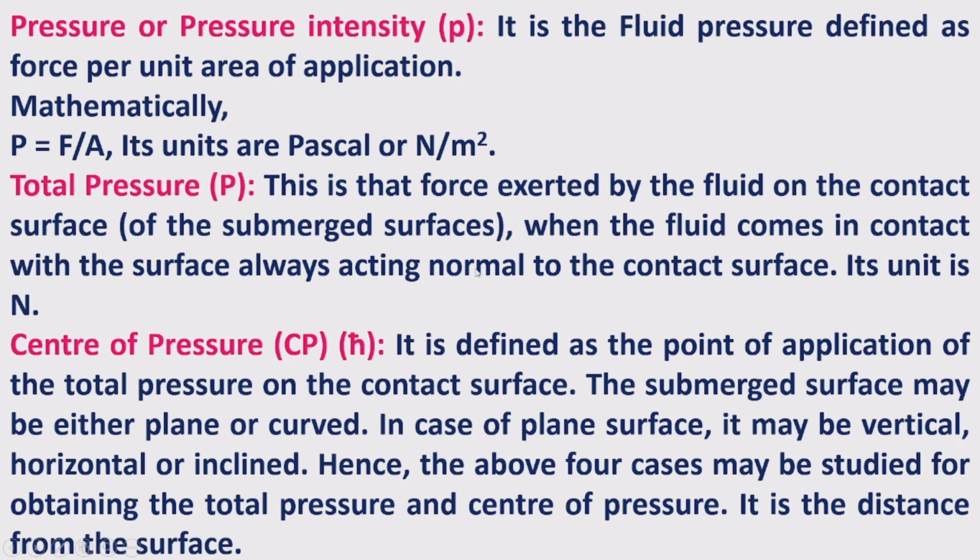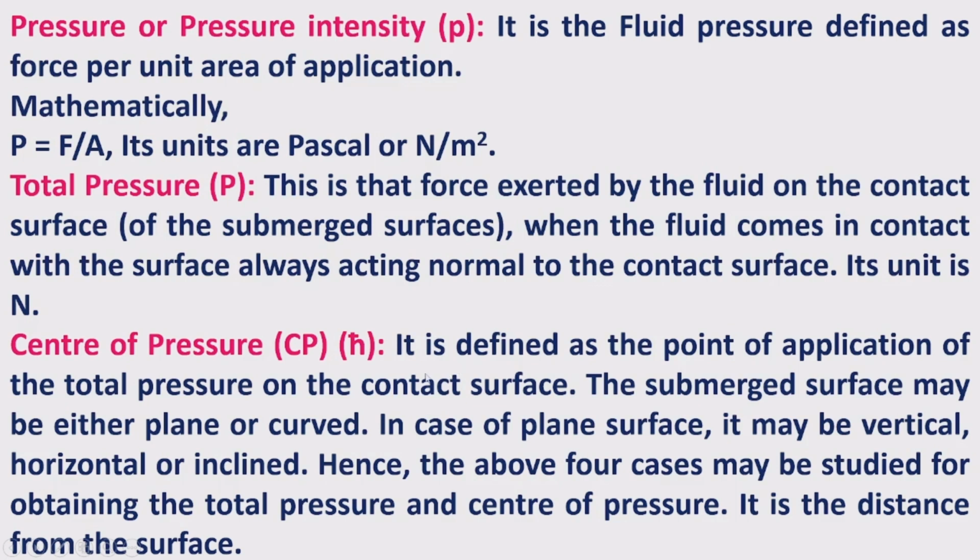When the fluid comes in contact with the surface, it always acts normal to the contact surface according to Pascal's law. Its unit is Newton, because it is a force.